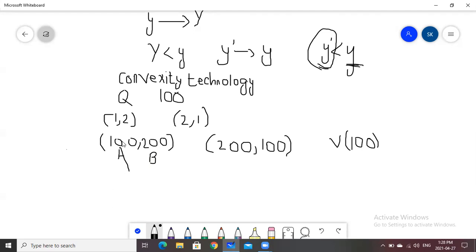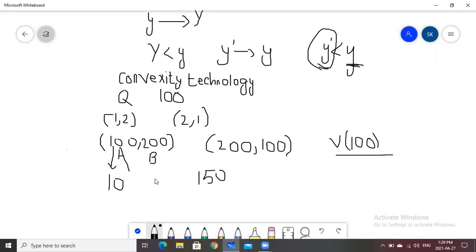We have operated 50 processes of activity A and 50 of activity B, and this becomes the input requirement for producing 100 units of output.